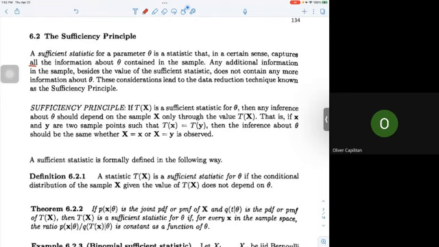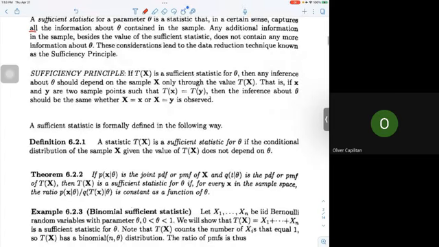Any additional information in the sample besides the value of the sufficient statistic does not contain any more information about the parameter theta. Because all the information we need about this unknown population parameter theta is already in the sufficient statistic.